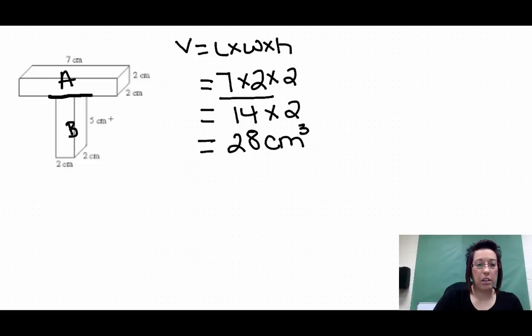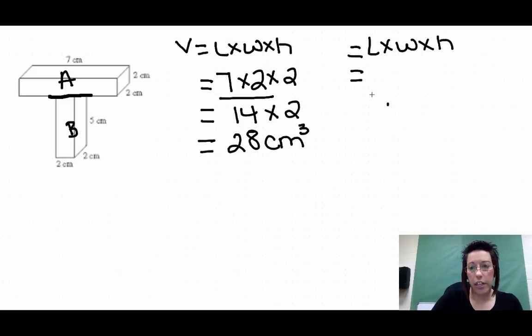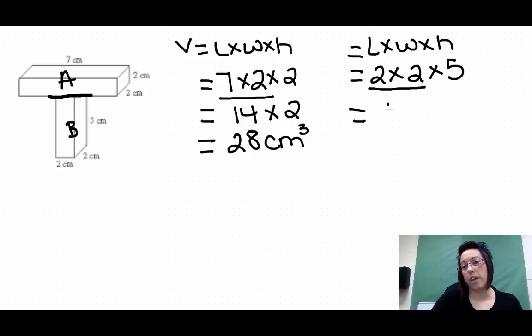Shape B, down here in the bottom, we're going to go length times width times height. Our length is 2 times our width, which is 2, times our height, which is 5. So when we calculate these, 2 times 2 is 4.